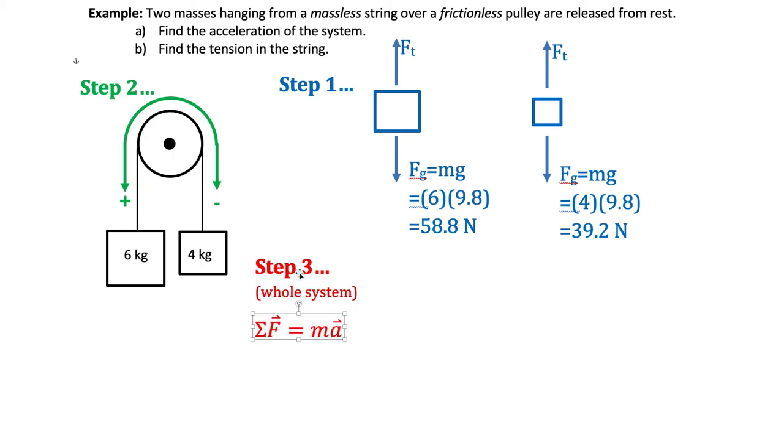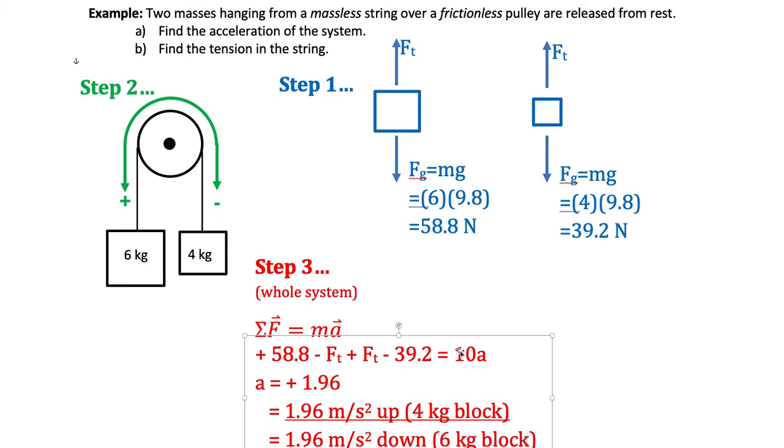So we're finding the acceleration. We're going to use F equals ma. So adding up all the forces acting on the whole system, I have this 58.8. It's going down. It's on the 6 kilogram block, so that's in a positive direction. I have this Ft over here.